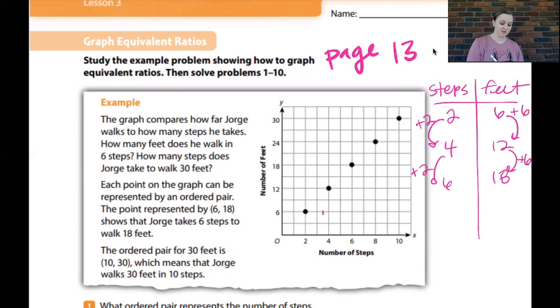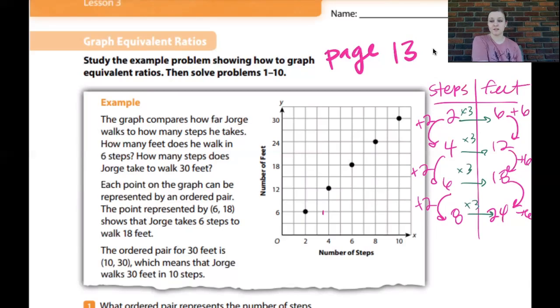So then I could find my next row by saying, well, if I add 2 more steps to get 8, then I can add 6 more feet to get 24, right? So you can add 2, add 6, right? And we can keep adding that additive relationship in our table, but you can also see that there's a multiplicative relationship. Every single time in my ratio table, I'm multiplying by 3, right?